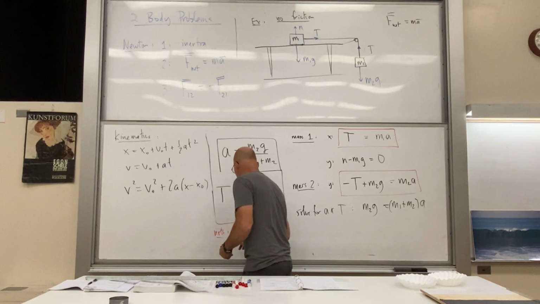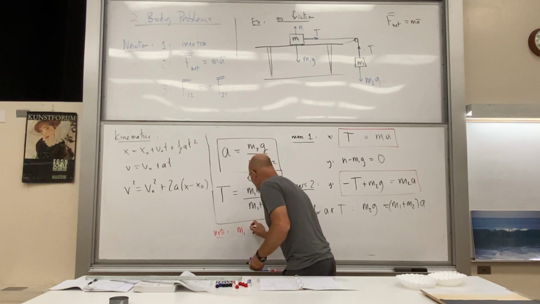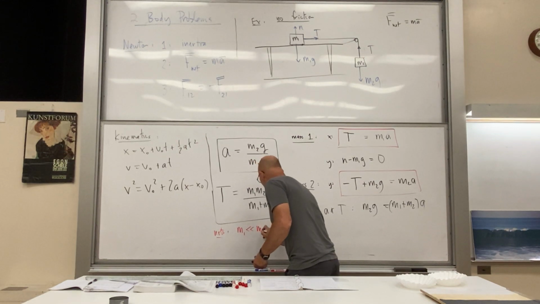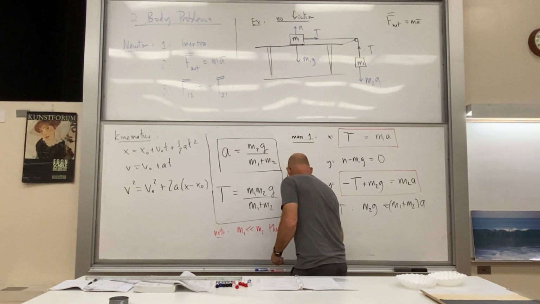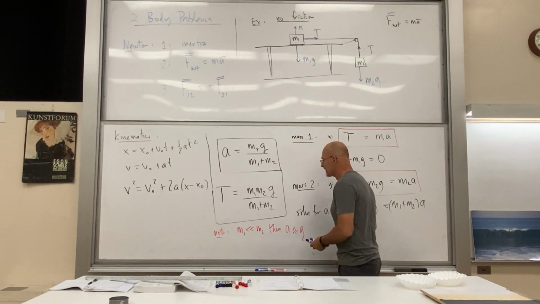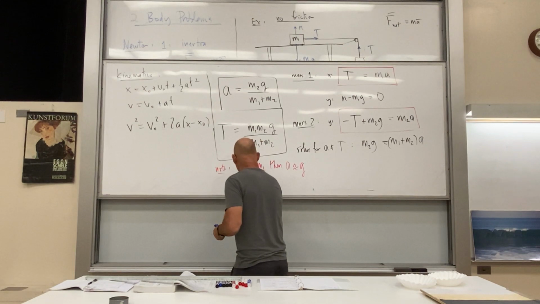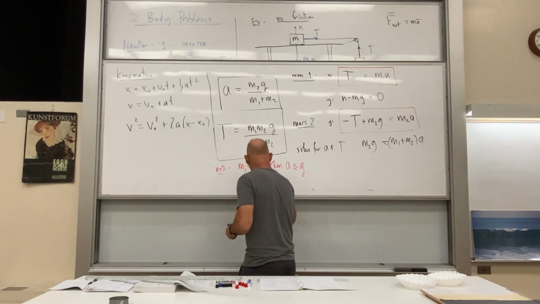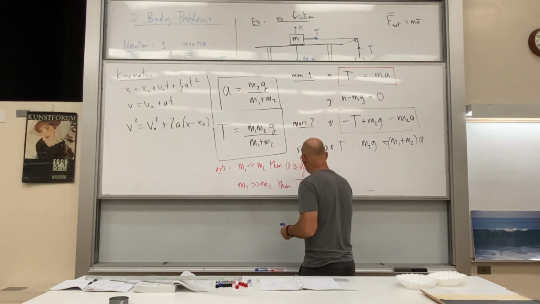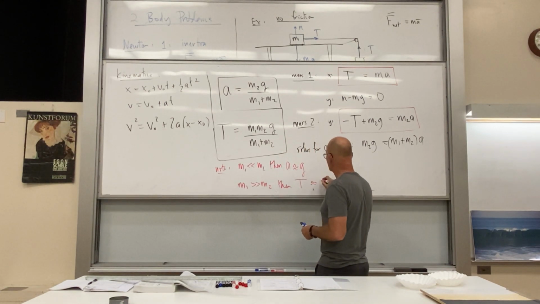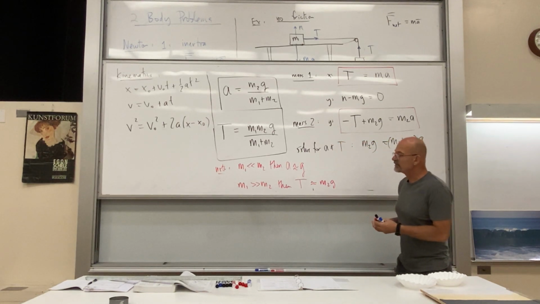Note: M1 much less than M2, then acceleration is approximately G. And if M1 is much greater than M2, then the tension is approximately M2G. Those are limiting cases.